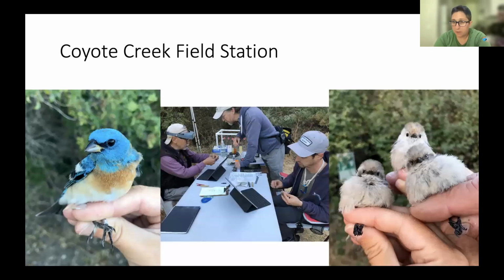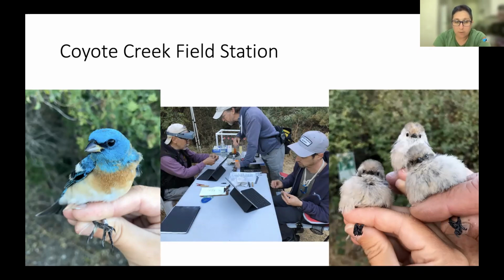We do some vegetation surveys and other monitoring, but mostly we're bird focused. We are a bird banding station, which means we catch wild birds. We put little metal bands on the birds' legs. The bands have unique numbers so that you know which specific individual bird this is. And then we track the numbers of different species we're getting.